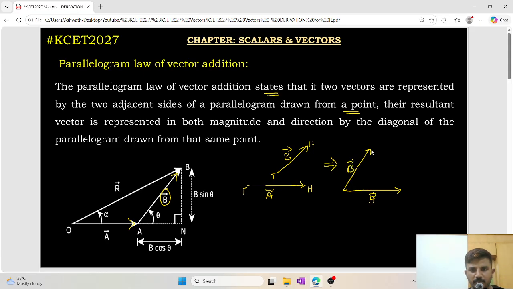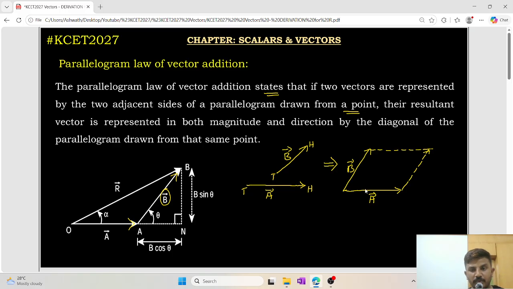Now let me draw a dotted line which is parallel to vector A, and one more parallel line for vector B. Look at this. This forms a parallelogram.